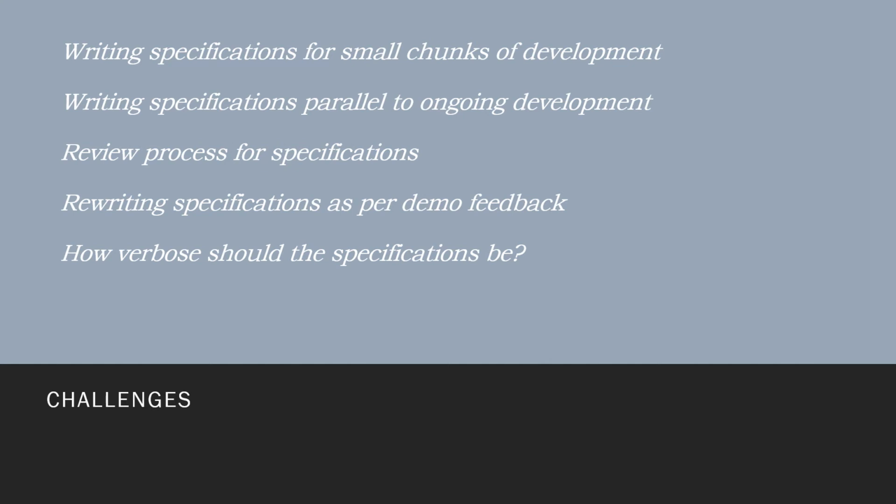The last one is how verbose the specifications should be. This is a question which the BA asks of himself and his team. Now, the Agile Manifesto's value says working software over comprehensive documentation. But are organizations really prepared to ditch the huge specifications and opt for leaner ways of writing specifications?